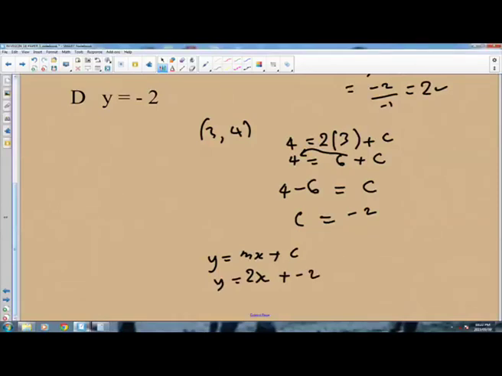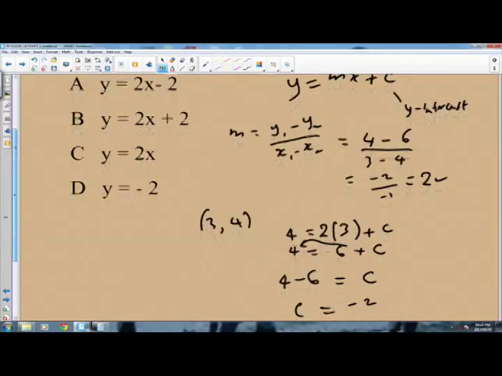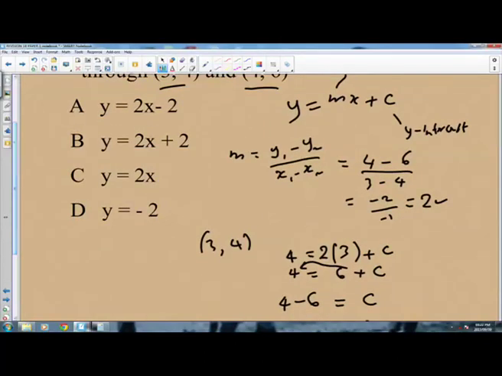So this simplifies to y is equal to 2x. Positive times negative is negative, so it's 2x minus 2. So the equation of this line is y equals 2x minus 2. And you check from the alternatives. Do we have y equals 2x minus 2? This is at A. It's y equals 2x minus 2.